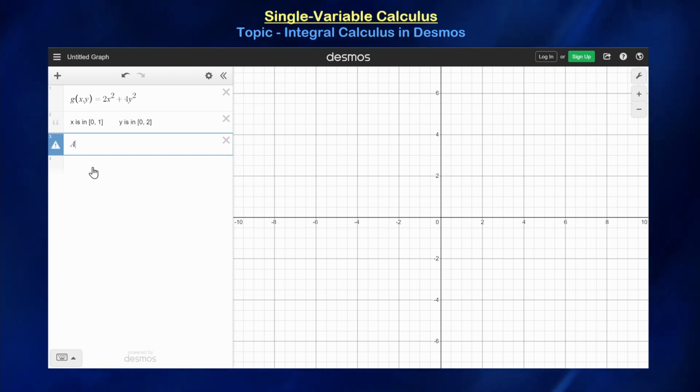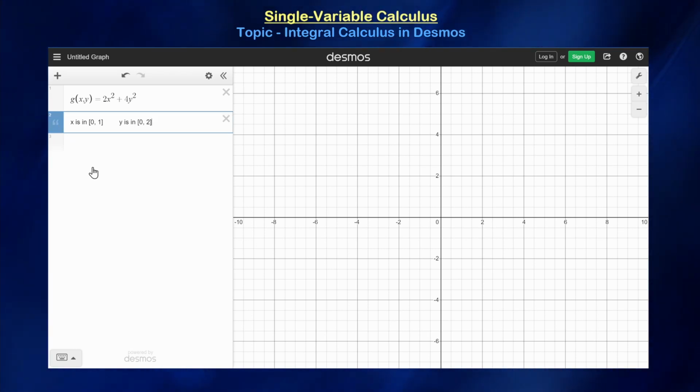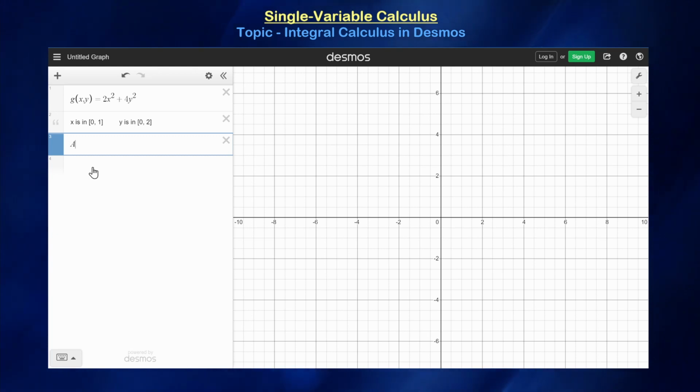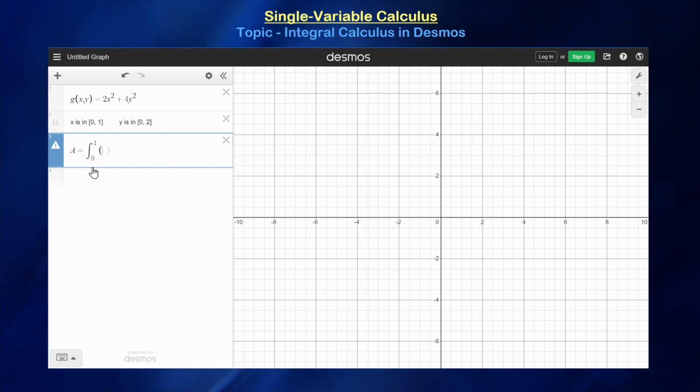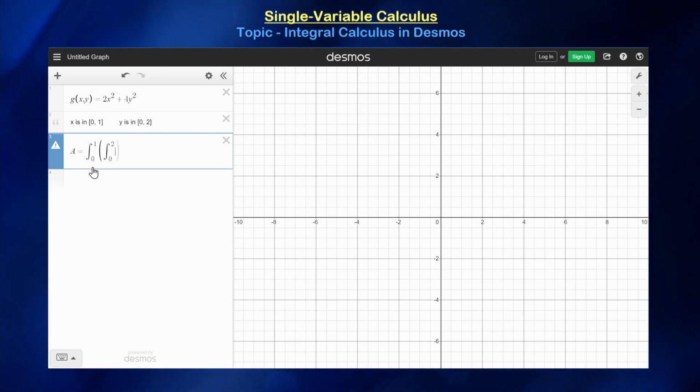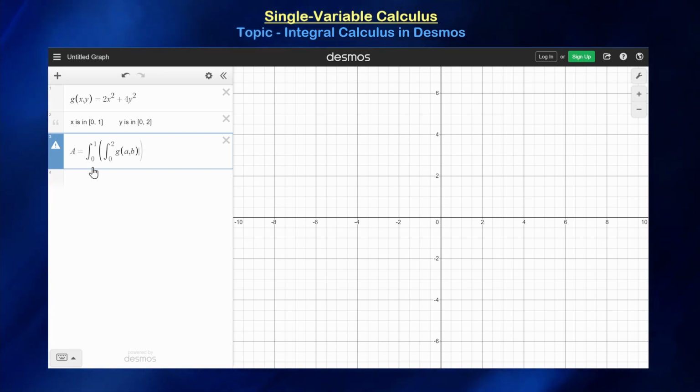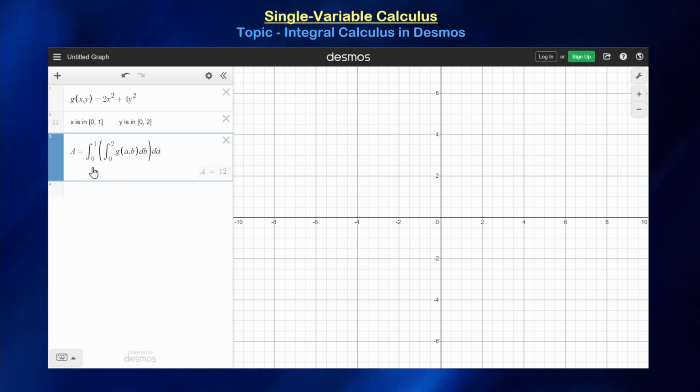I know it's not area, but I want to reserve, for example, V to be equal to the variance of that variable. So A is going to be equal to the integral from 0 to 1, so that's going to be my x integral, and then I want to do the integral from 0 to 2, that's going to be my y integral, and then I'm going to do g(a,b), so those are my dummy variables, db for y, and then da for x. So the area or volume under the surface is equal to 12.